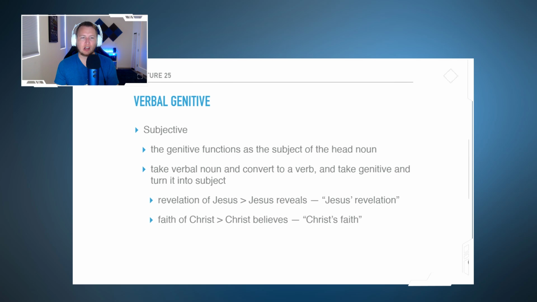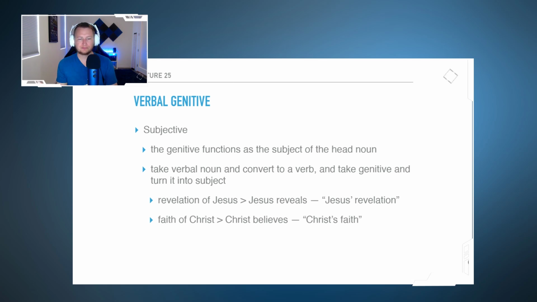Now, there's a couple of verbal genitives you need to understand, and these are very important. There's the subjective genitive and there's the objective genitive. So the subjective genitive, this is when the genitive functions as the subject of the head noun. What happens is it takes the verbal noun, converts it to a verb, and takes the genitive and turns it into the subject. So look at this example in English.